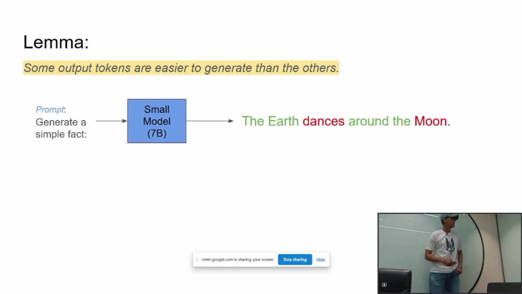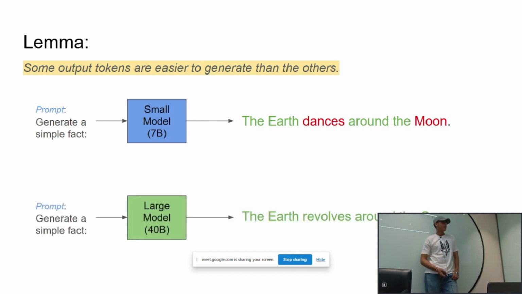Now, if I take a small model, let's say 7 billion in parameter size, and I give it this prompt, generate a simple fact, then it generates this fact, which is the earth dances around the moon. Of course, this is incorrect, because first of all, the earth does not dance, and it will never dance around the moon.